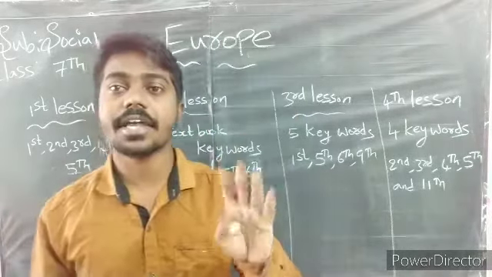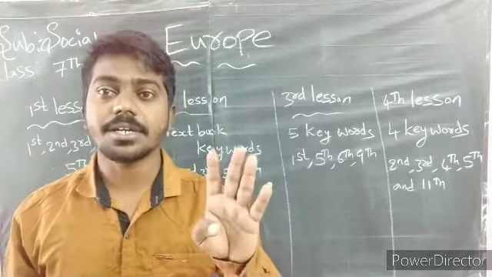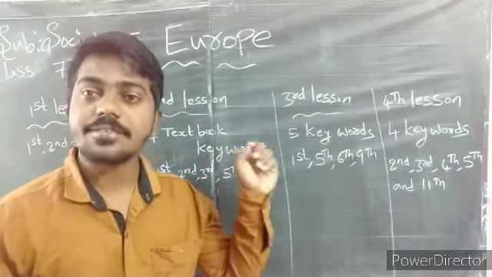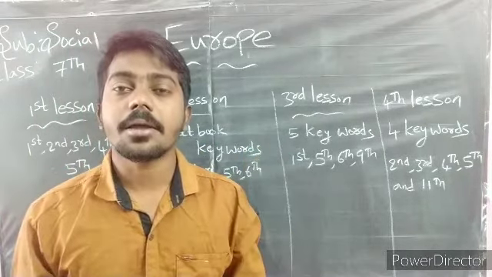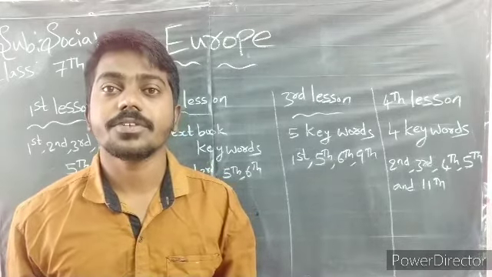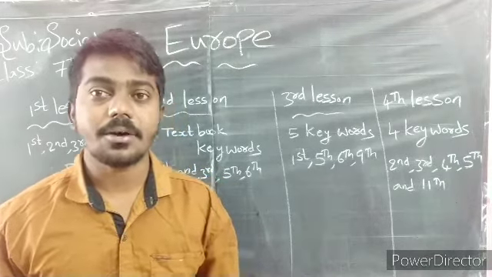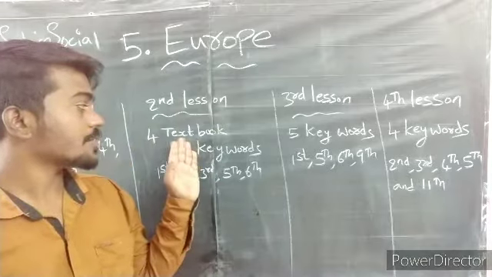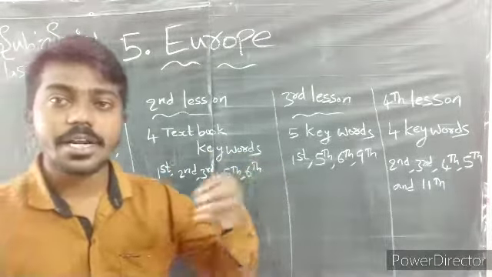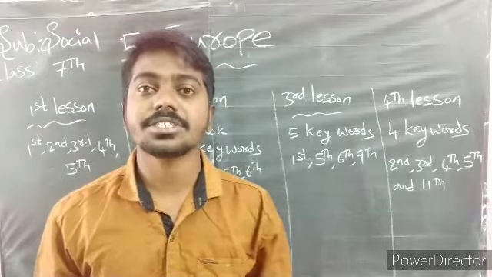Now, children, coming to the second lesson. You have 4 textbook keywords. In the textbook, you have the 4 keywords. By seeing the keywords, you write the answers in the fair note, which you have in the study material. How many keywords have I given? Only 4 textbook keywords. Don't write all the keywords which are present in the study material.